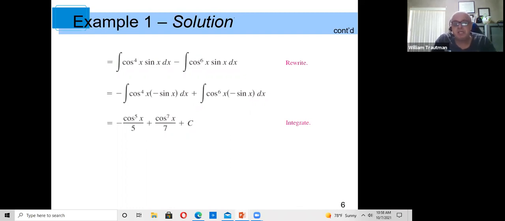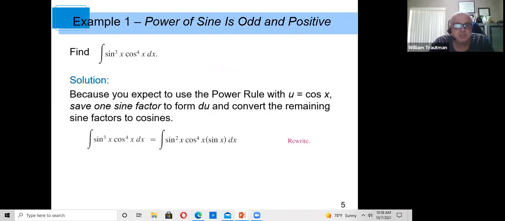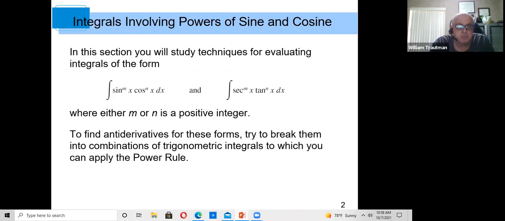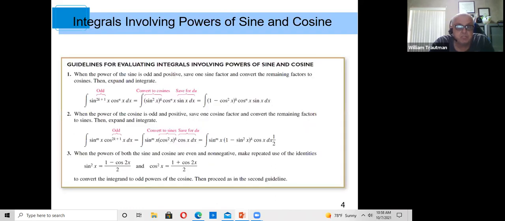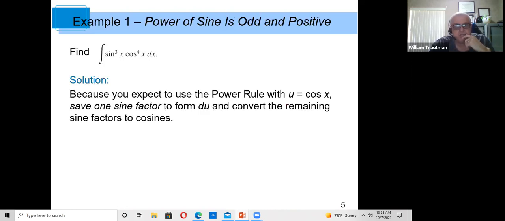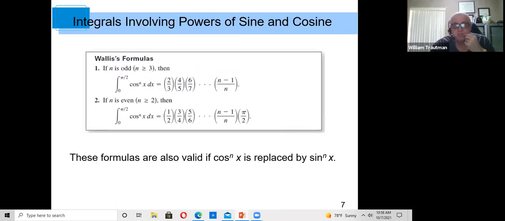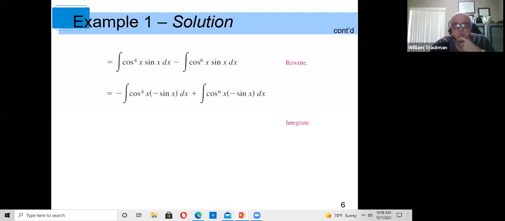So once again, that's not a theorem or anything. What do we call it? Guideline. It's a guideline. So try that. We might try another one on the homework. Actually, we will try another one of those on the homework.